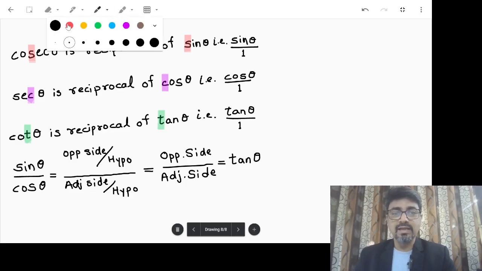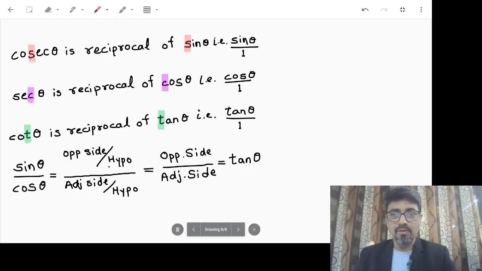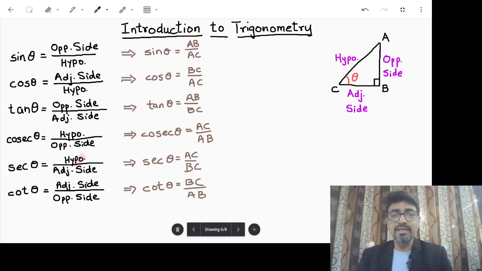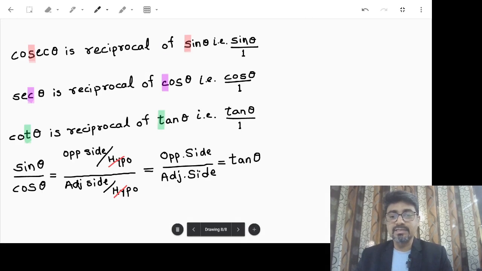What I see here is I can cancel out the hypotenuse from the denominator of the upper fraction and the denominator of the lower fraction. What I get then is opposite side upon adjacent side. Now students, if you observe, what was opposite side upon adjacent side? It was the definition of tan theta. So I can say that opposite side upon adjacent side is equal to tan theta. So what I got is sine theta upon cos theta is equal to tan theta.